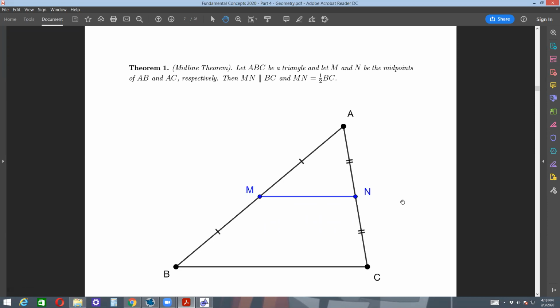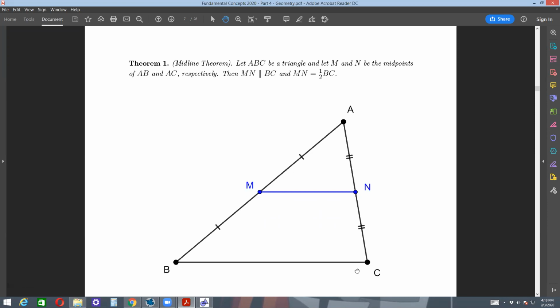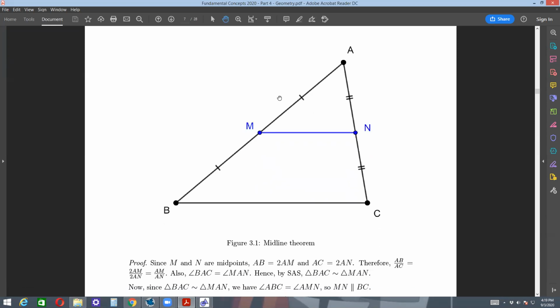So I know M and N are the midpoints of AB and AC. So we know that AM is half of AB, or in other words, AB is twice AM and AC is twice AN. So if I look at the ratio of AB divided by AC, that would be the same as AM divided by AN because the twos cancel.